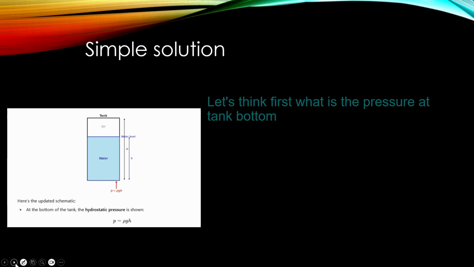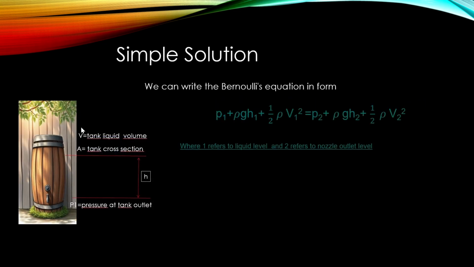And from physics we remember that we have the so-called Bernoulli's equation, which is saying that the total pressure is the same everywhere. And the total pressure is the sum of static pressure plus hydrostatic pressure plus dynamic pressure.